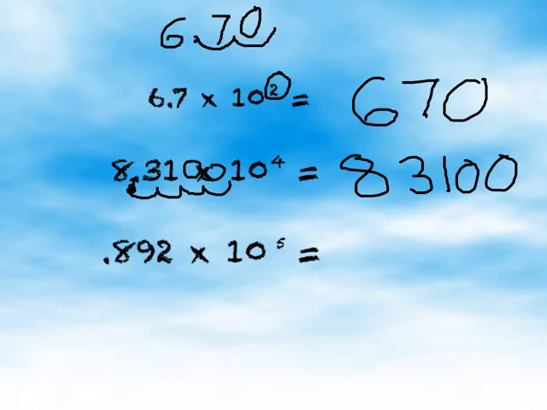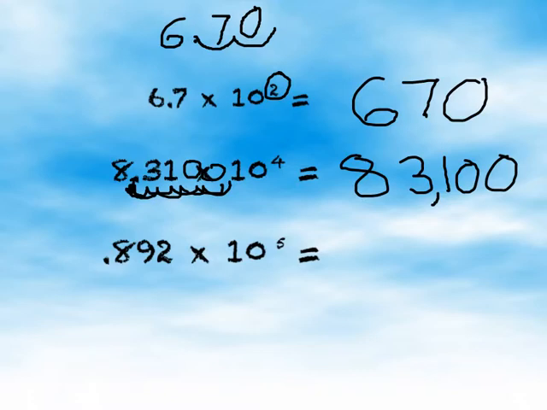So I have my decimal place at the end now, and my answer is 83,100. So since I moved over 4 places for 10 to the fourth power, 1, 2, 3, 4, I know that 8 and 31/100 times 10 to the fourth power equals 83,100.